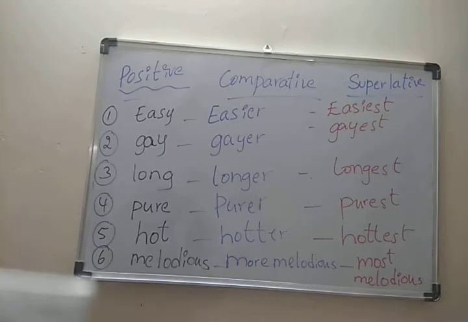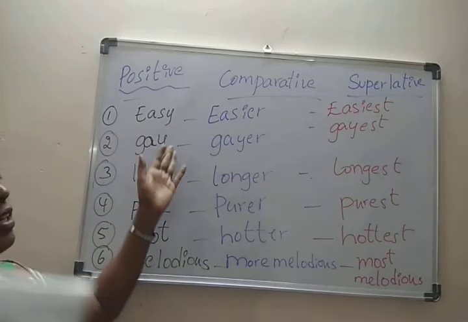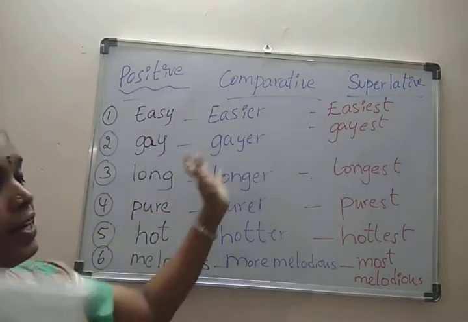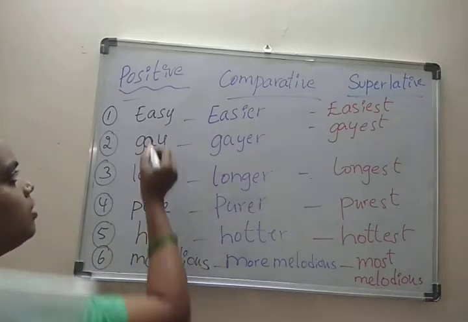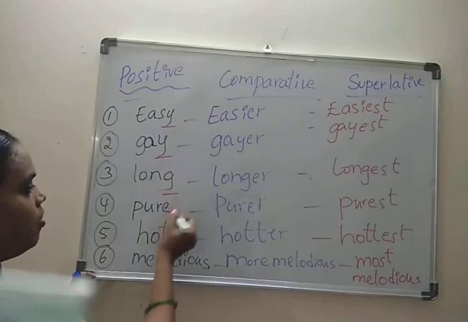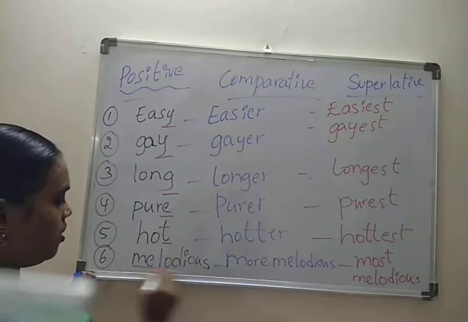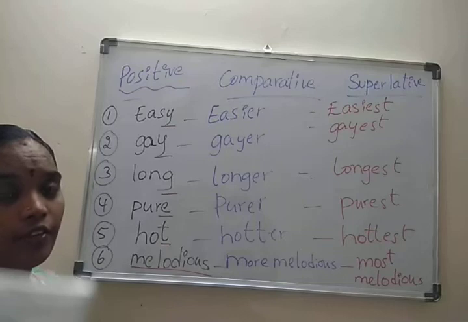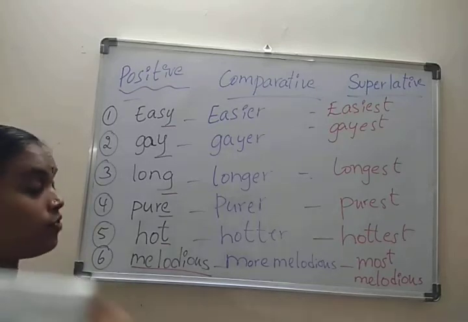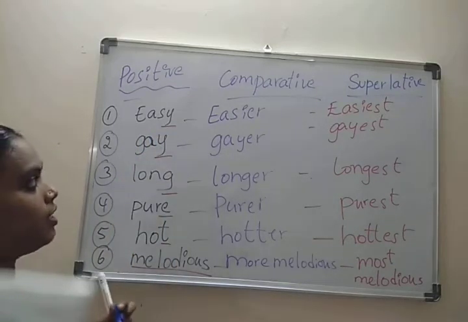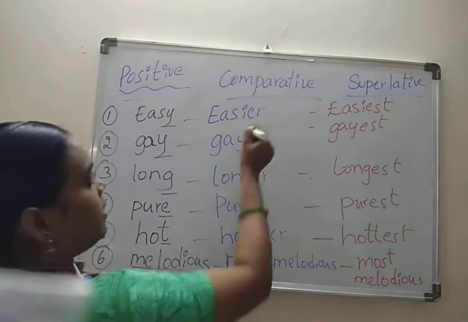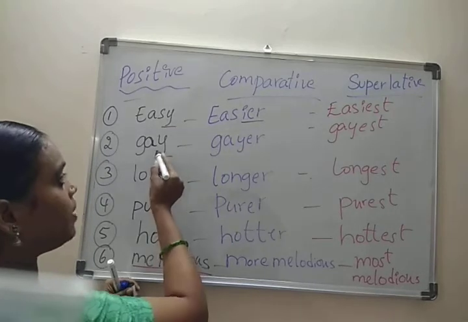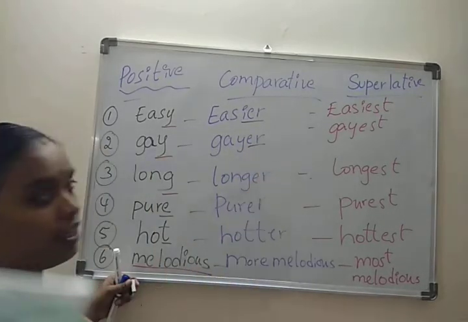Yes, these are the positive, comparative and superlative. What are the changes that occurred here? Easy, wide, long, hot and melodious. Children, whenever you are writing the word, spelling is very important. Easy, wide. Here wide changes into IER. Here wide after adding ER.